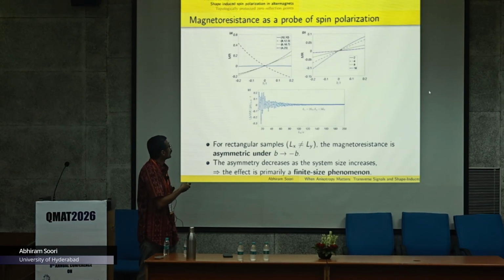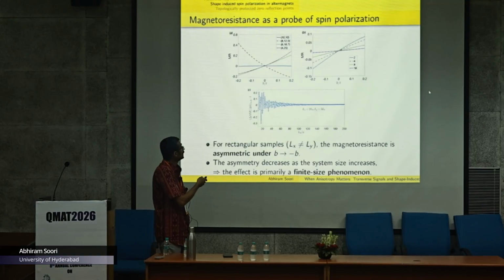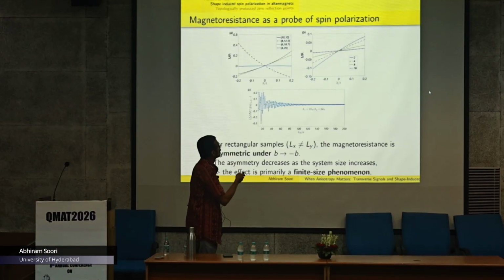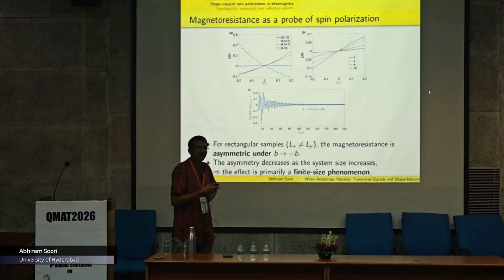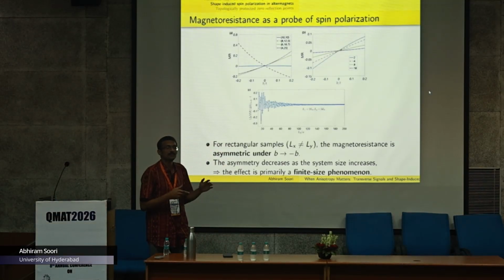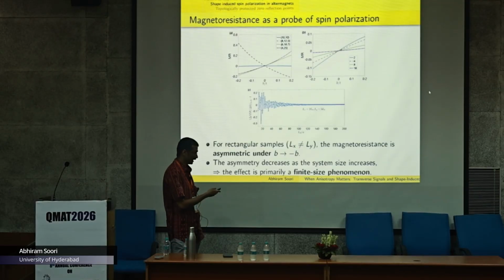Now if you plot the same thing versus B for larger and larger system sizes, here in the right side plot I am plotting magnetoresistance versus B for different system sizes. I am fixing the aspect ratio, the Lx to Ly ratio is the same, but I am multiplying Lx and Ly by some constant, basically 2, 4 and things like that.